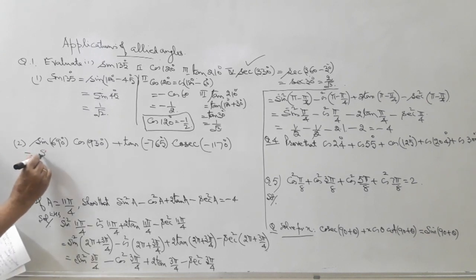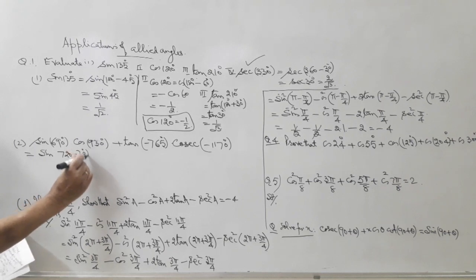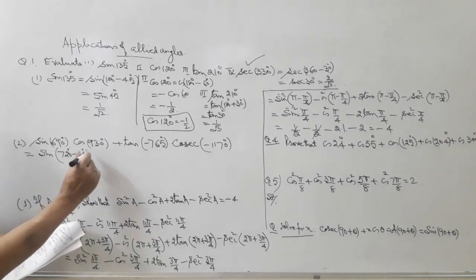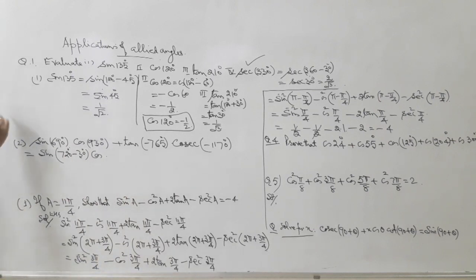It is sine of two revolutions complete, 720 minus 30. Then we have in this case cos 930. So better is that on the rough sheet you divide this 930 by 360, two revolutions complete.